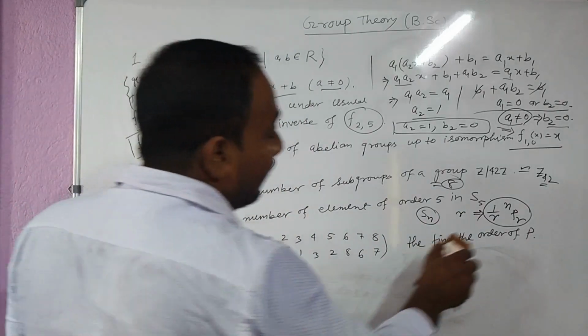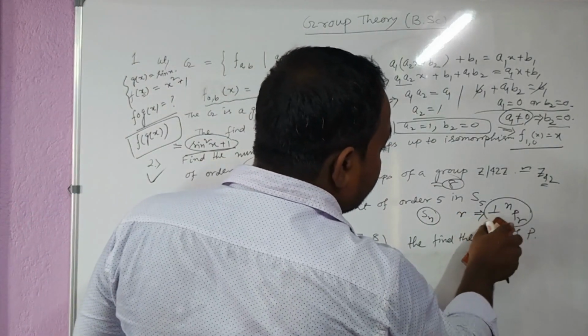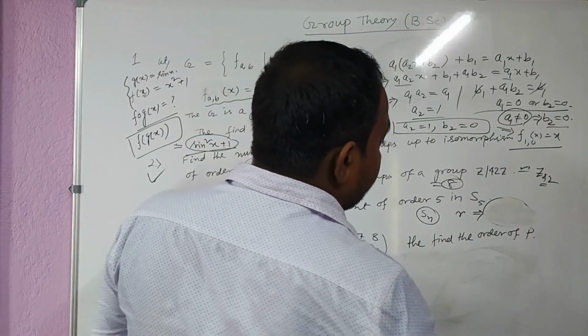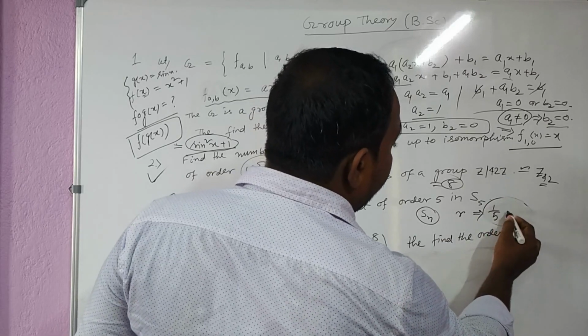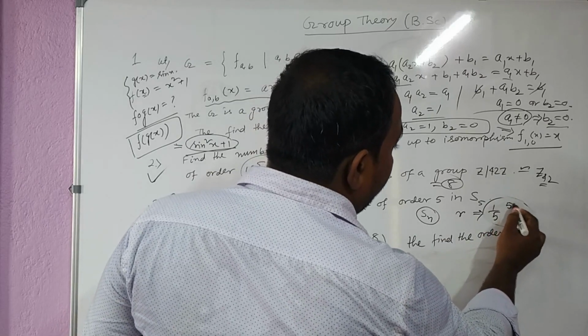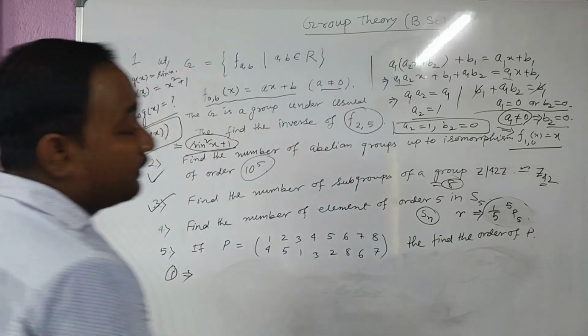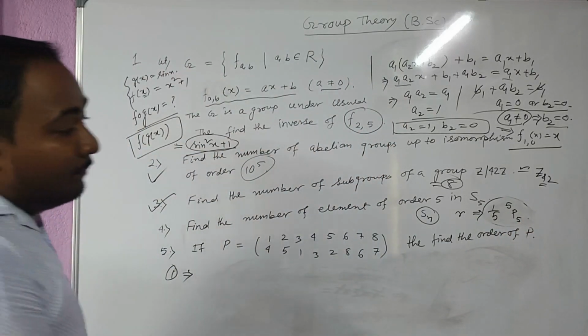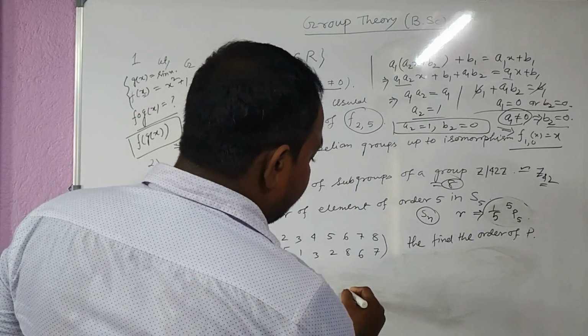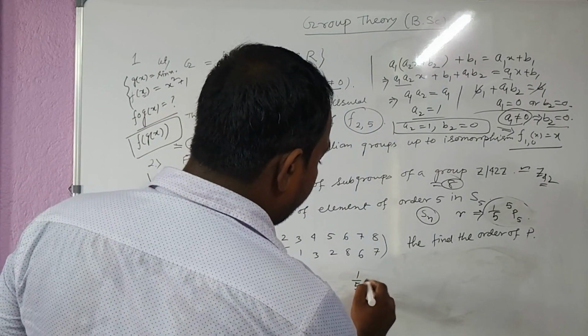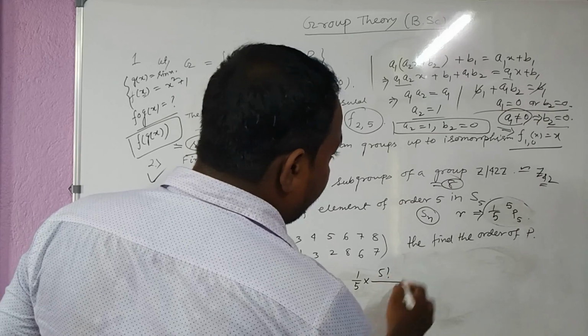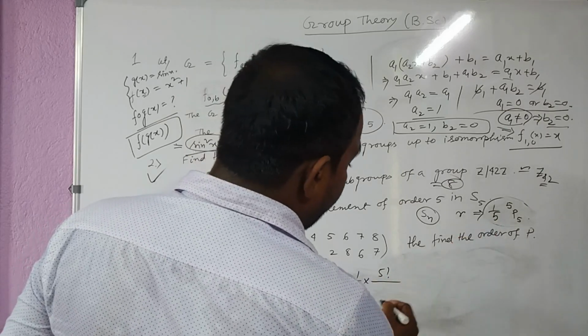Now we have to calculate here just 1 by 5 times 5P5, right? So this is nothing but 1 by 5 into 5 factorial by (5 minus 5) factorial.